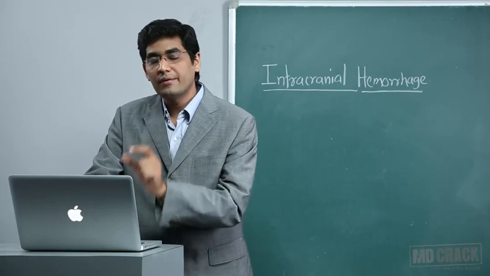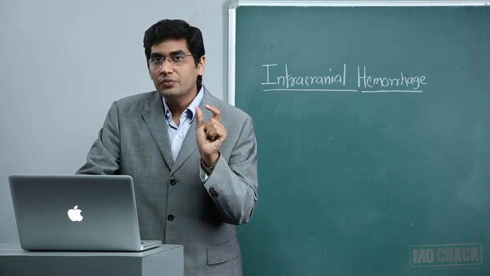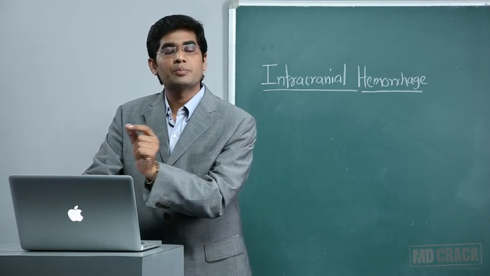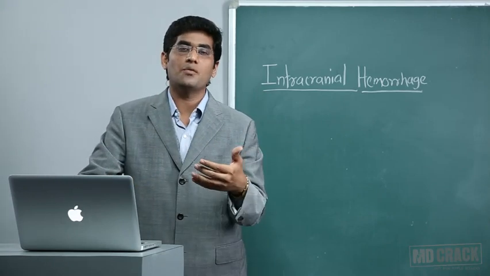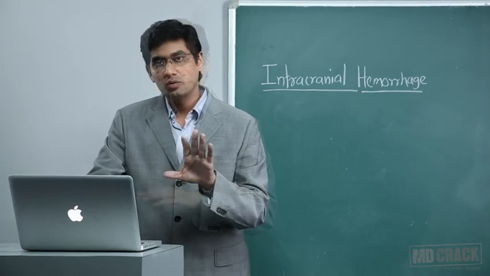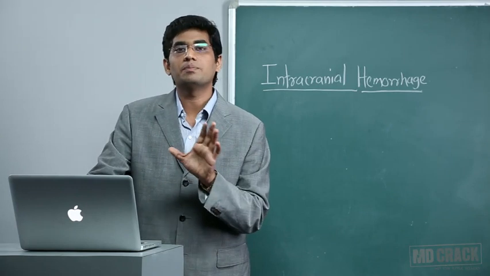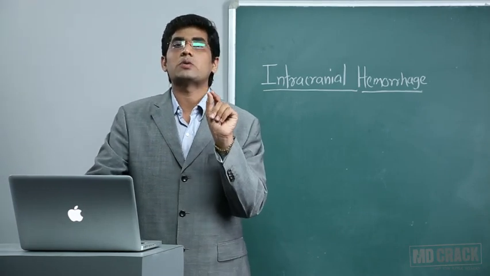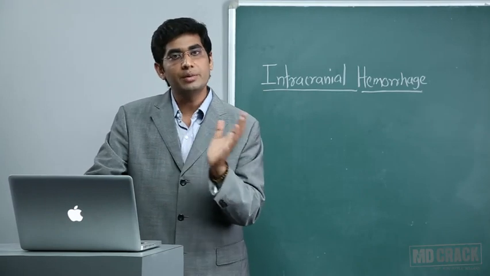So here you have an MCQ. If you have an MCQ like what is the cause for pinpoint pupil, and if you have the option of pontine hemorrhage, you should tick pontine hemorrhage. And you may know what a pinpoint pupil is. Pinpoint pupil is classically defined as a 1 mm size of pupil, and these pupils will react to light.